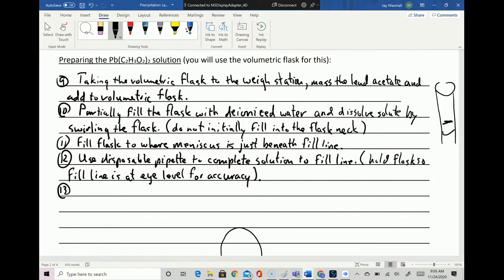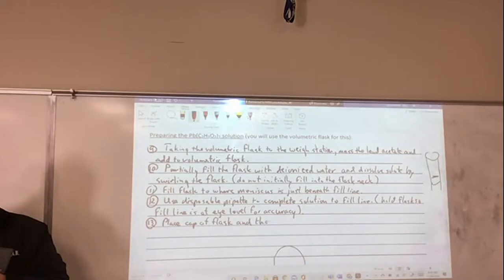Okay. And then, I don't know that I explicitly said this. I know some of you did. Place cap on flask and thoroughly mix solution.